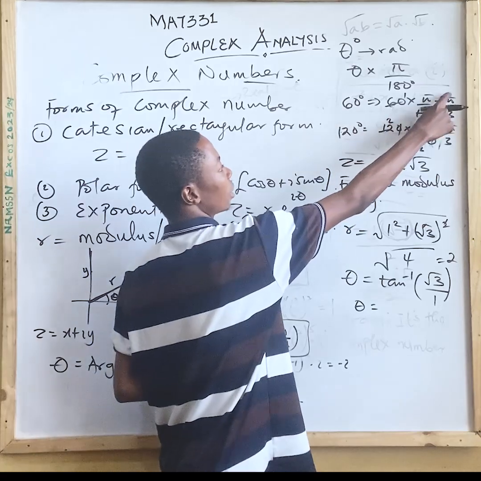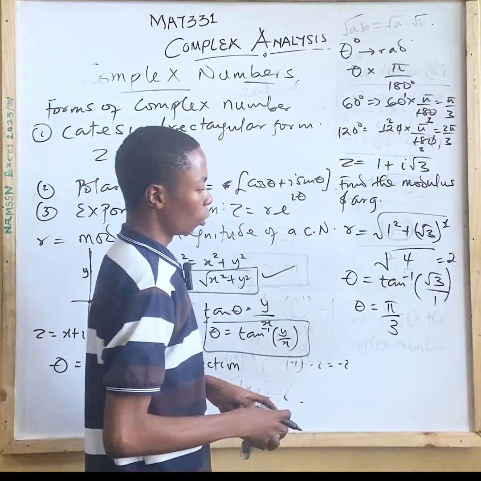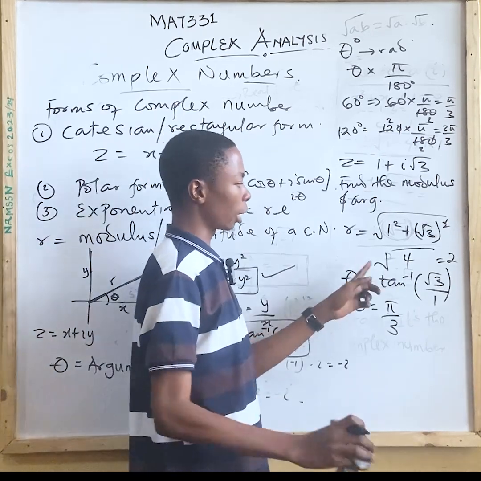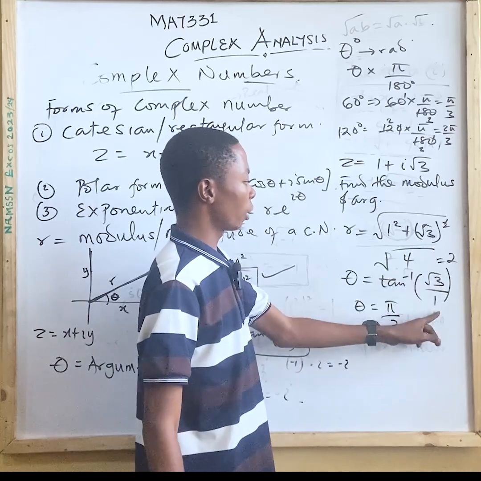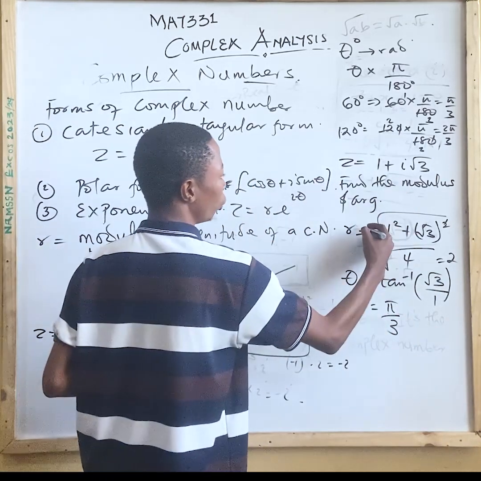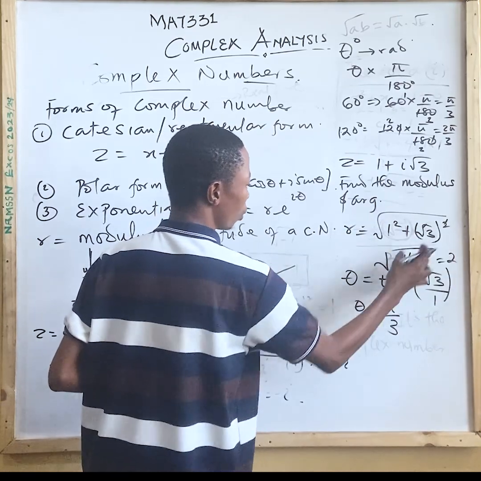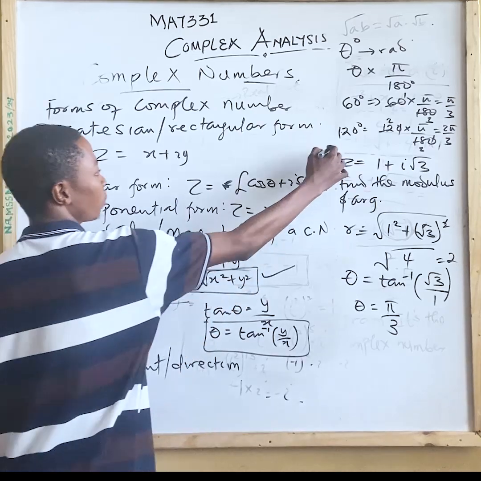But you have to convert that 60 degrees back to radians, so my theta will be pi over 3. It is preferable to change your calculator to radians before you start solving any problem. Then if you just press tan inverse of root 3, you have pi over 3. So for this complex number, the modulus is 2 and the argument is pi over 3.